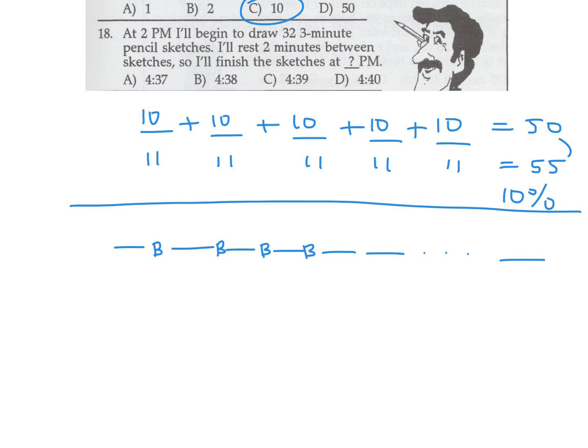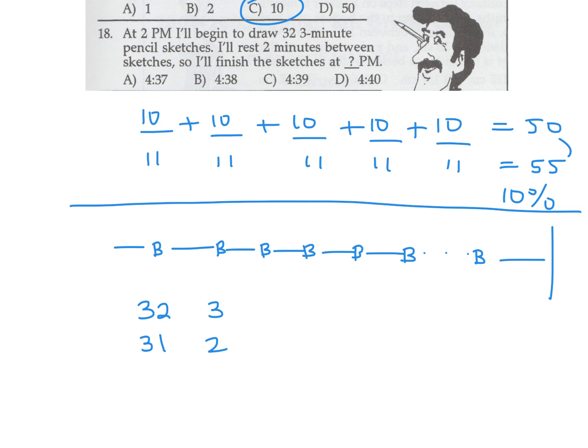So in total we have 32 sketches that take 3 minutes each, and 31 breaks that take 2 minutes each, right? Because the break at the end, we don't count that. We just stop after the final sketch is drawn.